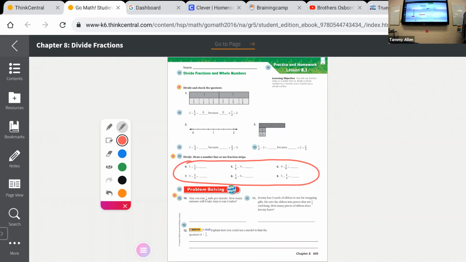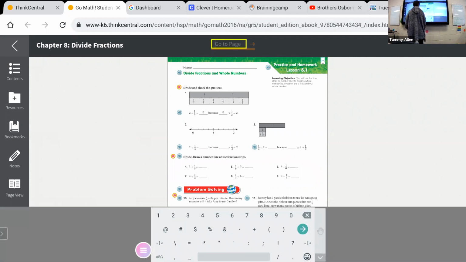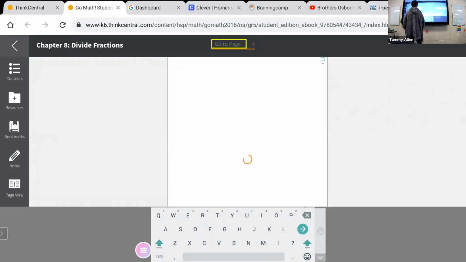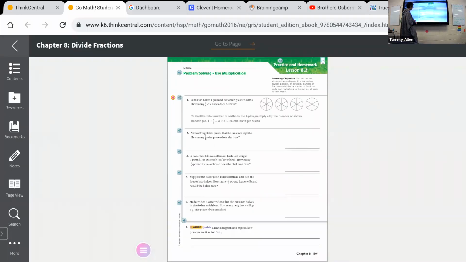And then turn to page 501, please. On 501, I want you to do 2 through 5.